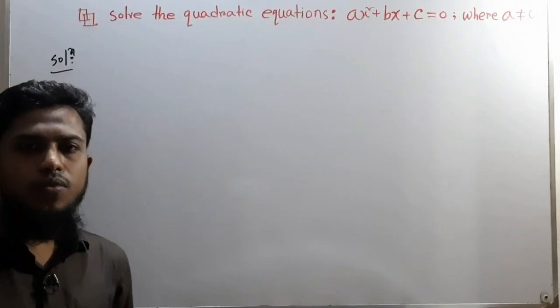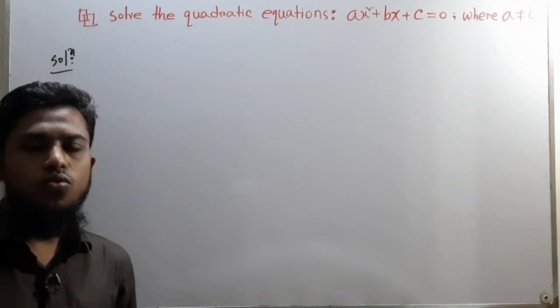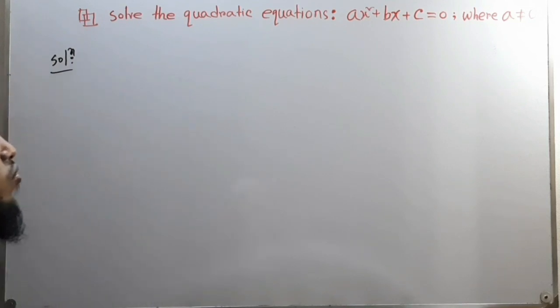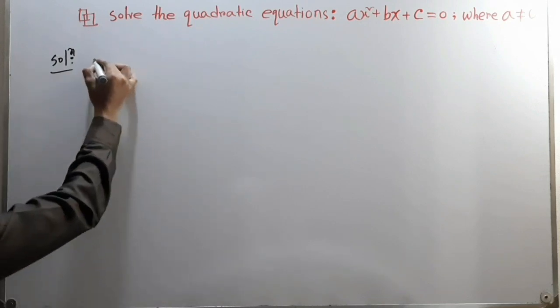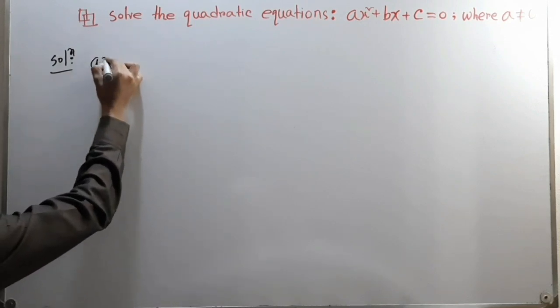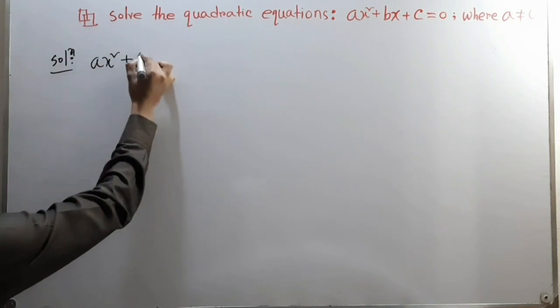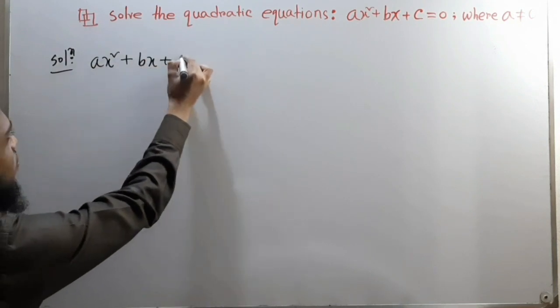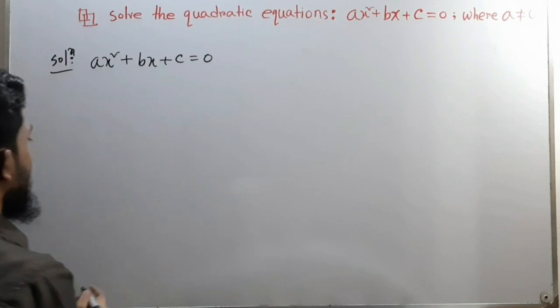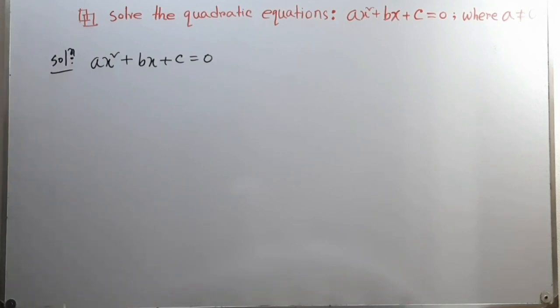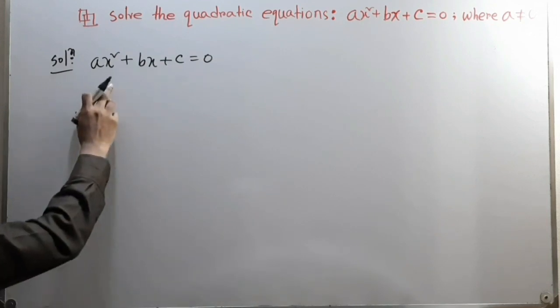Dear students, now we are going to find the roots of the quadratic equation. So look at this board. Our quadratic equation, ax square plus bx plus c is equal to 0. If you want to find the roots of this equation, first of all you have to make a formula of a plus b whole square.